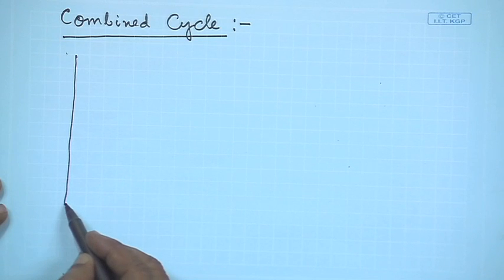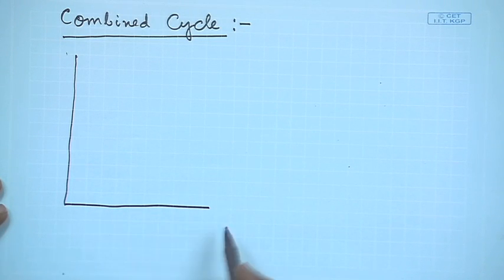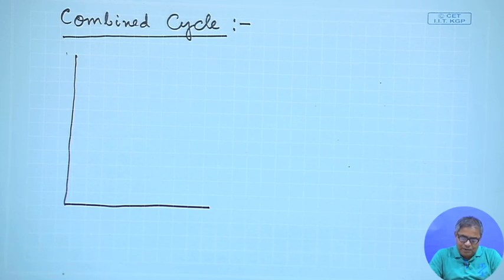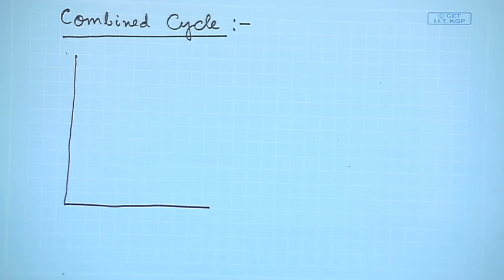But certain concepts I have already discussed, that for a cycle, let us say this is a suitable thermodynamic plane, we like to have the maximum temperature of the cycle as high as possible, and we also like to have the minimum temperature of the cycle as low as possible.